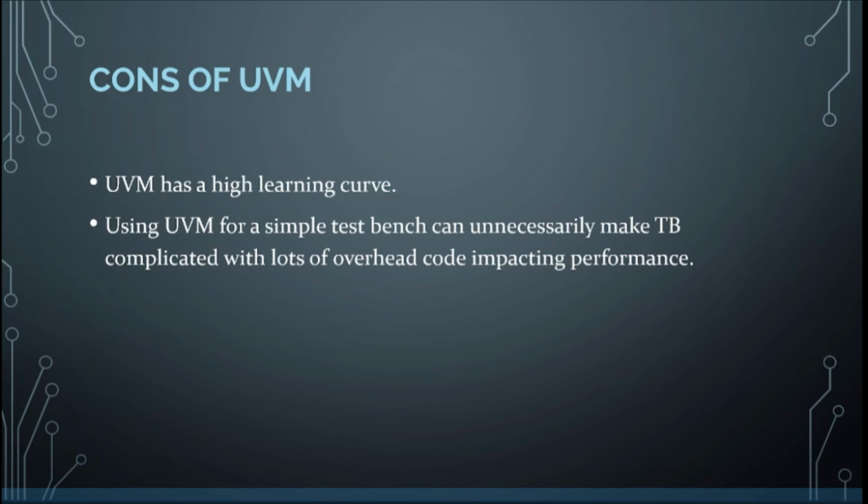In such cases, using UVM may seem unnecessary, because it has many complicated code structures, which may impact the performance of the basic code that you are developing in your TB. So these are the advantages and disadvantages of UVM, right?